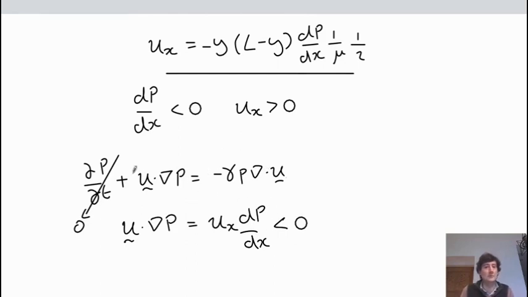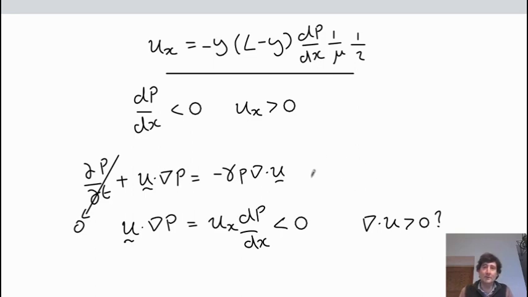And now this is less than 0, but we assume that this is equal to 0. So does this mean that the divergence of u is bigger than 0? Because that's what would have to happen for this to work. No, this is showing that we have an inconsistency in our equations.